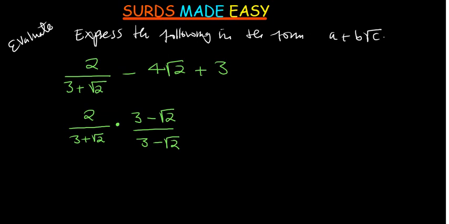So let's proceed. Now from here, since I've already written this is the first part, and then minus 4 root 2 plus 3. What do you think? What are we going to do next from here?